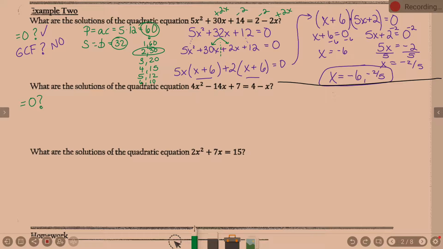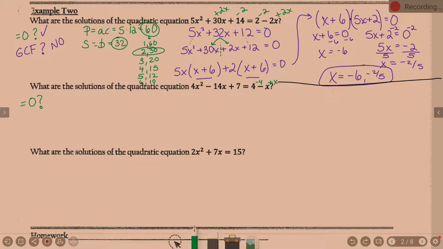I don't know if all math teachers are like this, but when I'm doing anything with a quadratic, I like my first term to be positive. So, how do I keep the 4x squared there and move everything to join it? We subtract the 4.